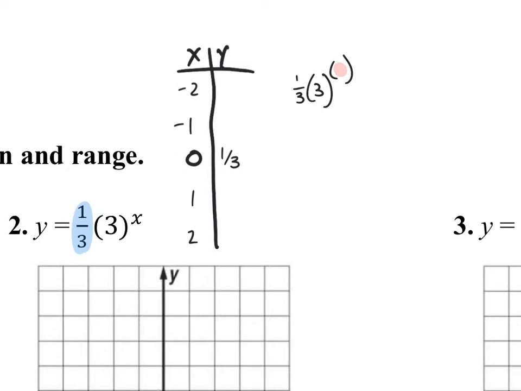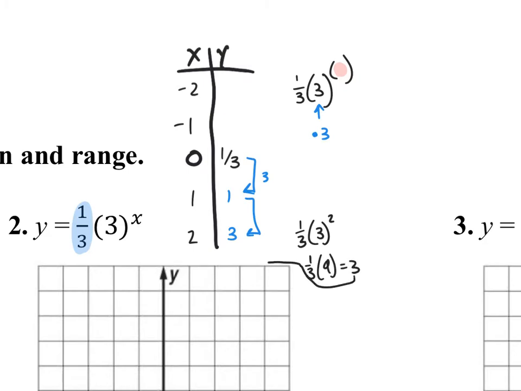The other thing that hopefully you might understand now, though, is that this 3 is telling us that we're multiplying by 3 over and over again, which means I could just do that to complete the table. 1/3 times 3 is 1. 3 times 1 is 3. And if you don't believe that's true, look what happens if you were to go through and plug in 2 as x. You'd get 1/3 times 9, which equals back to that same 3.